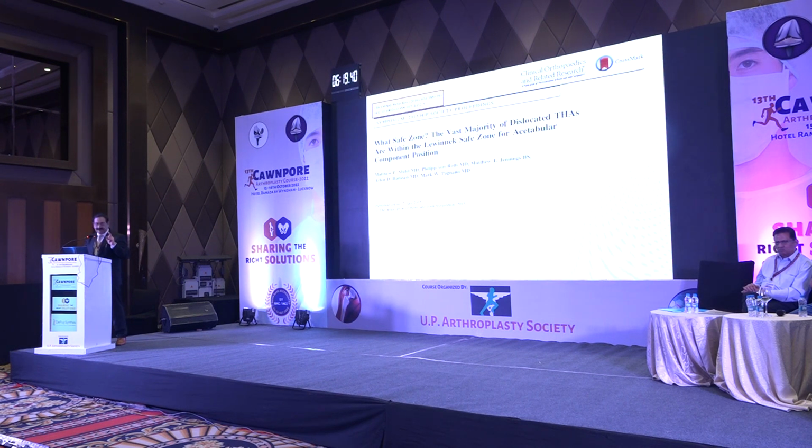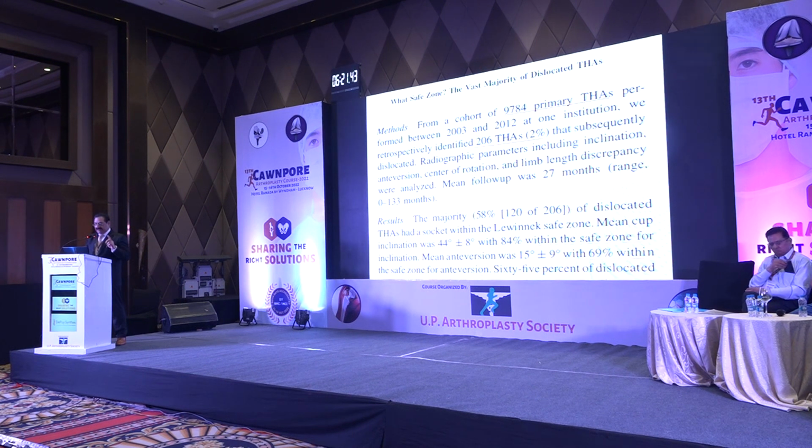This was a landmark study where they studied 9,784 primary hips, of which 206 had dislocated, about 2%. In these dislocated hips, 84% of the cups were within the safe zone for inclination, and 69% were within the safe zone for anteversion, as recommended by Lewinnek, but they still dislocated.